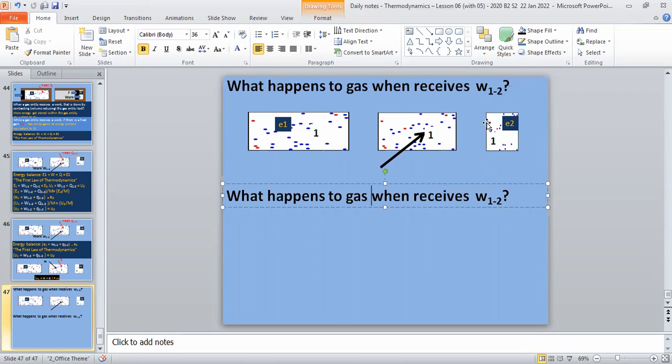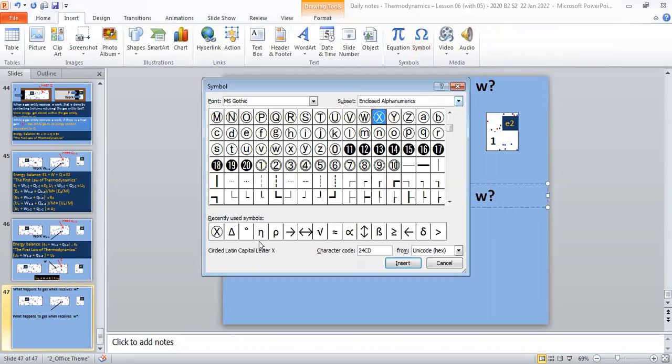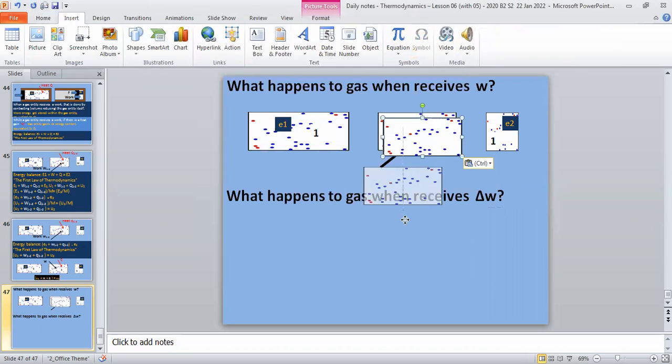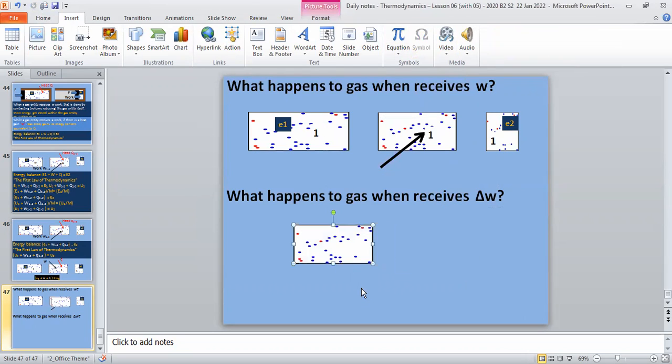So let's say instead of W, I'm thinking if I receive a very small work done, tiny one, okay? So I will say when it receives delta W, what happens? A very small work done. So this is here.